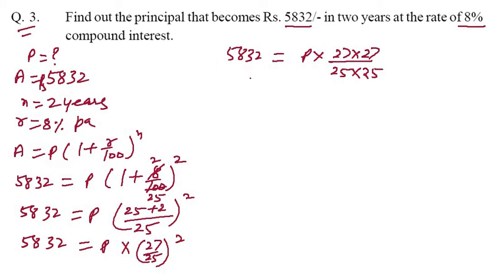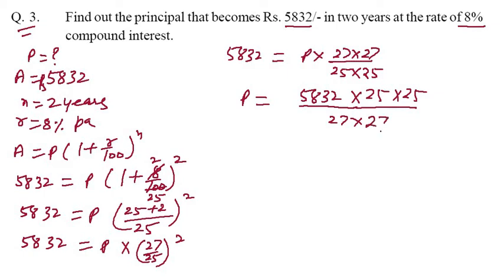So what will happen? So principal will be equal to 5832 into 25 into 25 upon 27 into 27. You can check here.